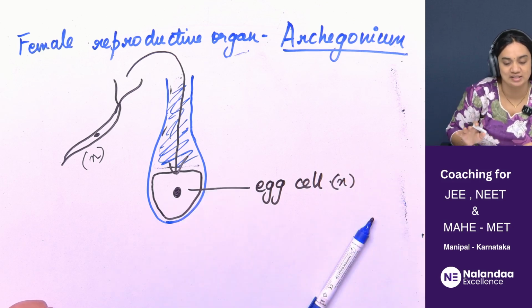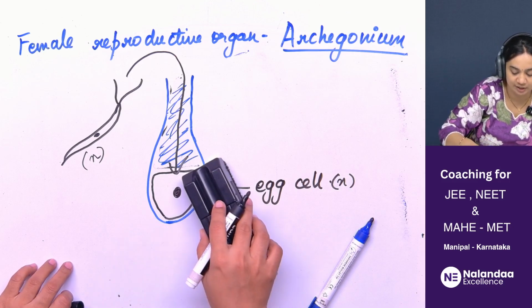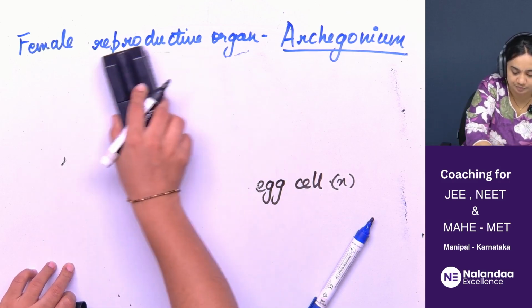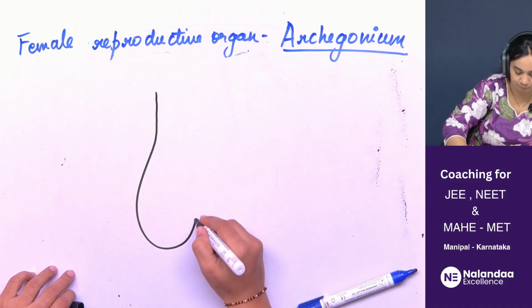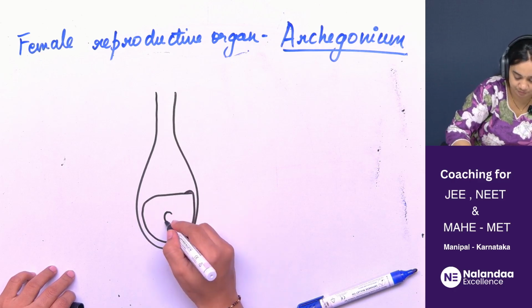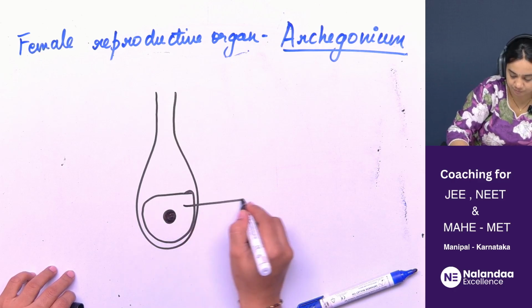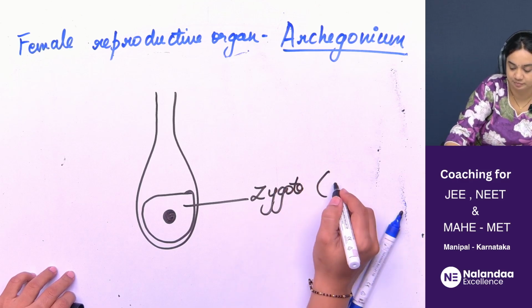Now once fertilization happens, what will it turn into? It will turn into a diploid zygote. Do you get my point?